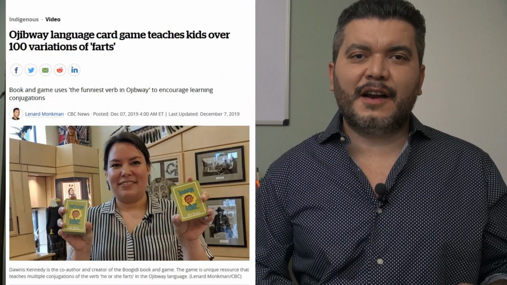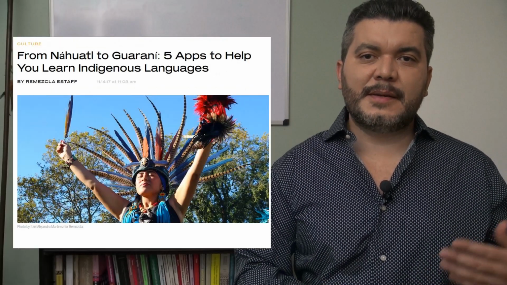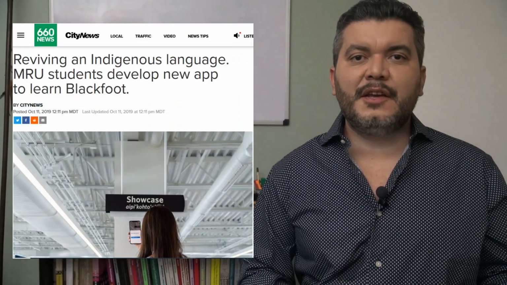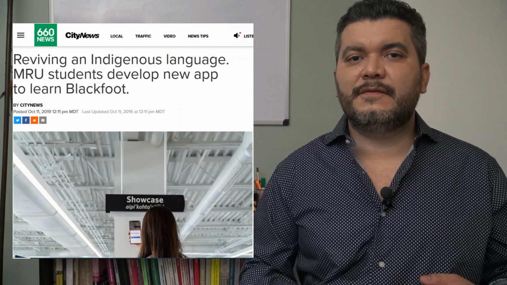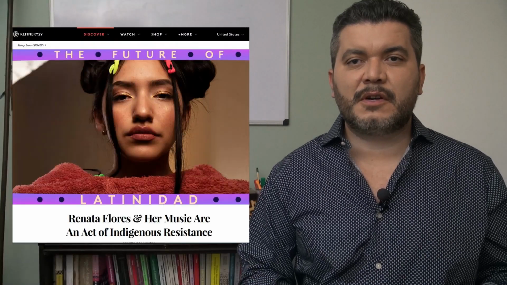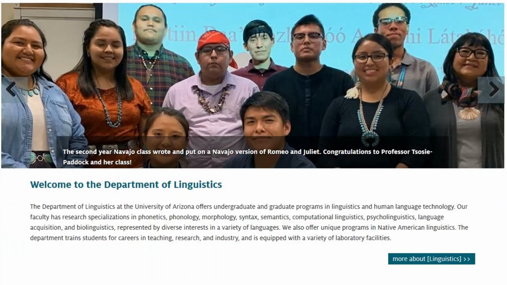Many of these are led by community members who did not learn their language as their first language, but are eager to learn it and pass it to their own children. Plus, many young people are involved in developing language apps, games, videos, and musical recordings in their languages. Some are enrolled in language programs in community schools and at universities.